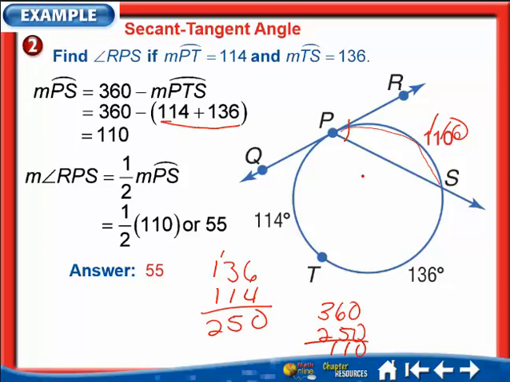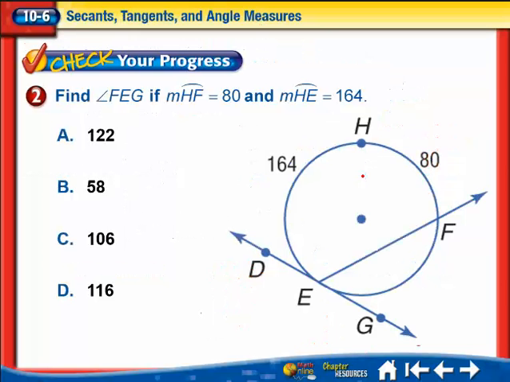Okay, let's do another one. Same exact situation. We're given these two arcs over here, but we're actually looking for the angle on the other side of the circle. So therefore, we've got to find this arc first.